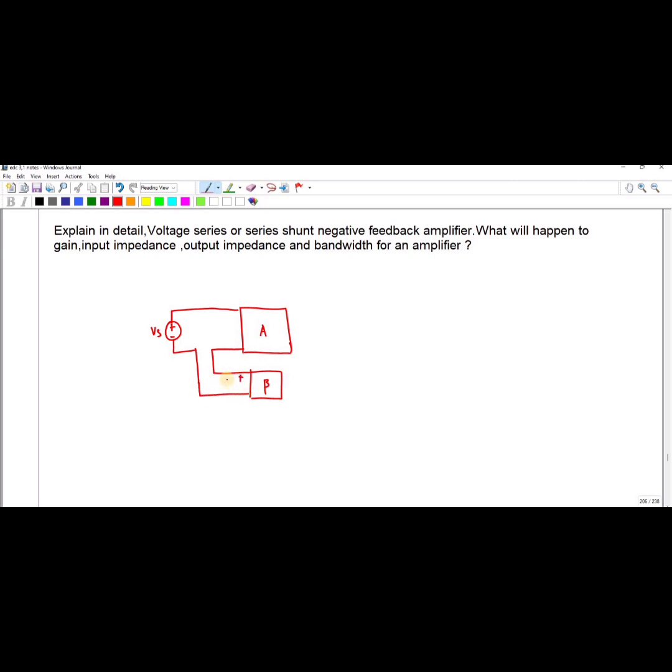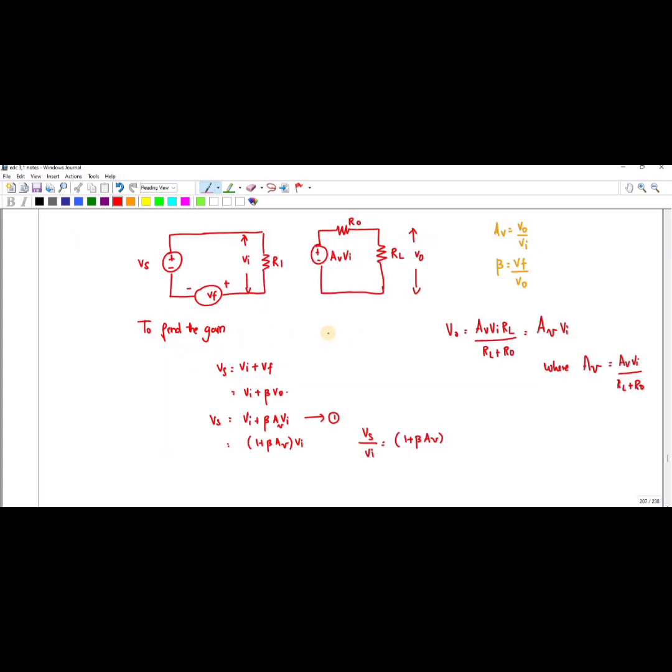This is plus minus, this is nothing but Vf, and since it is shunt at the output side, you have to connect like this. So this is the equivalent circuit for the negative feedback amplifier.